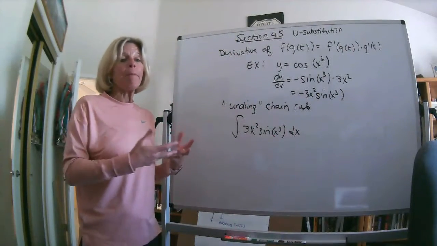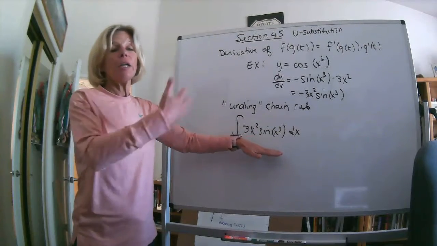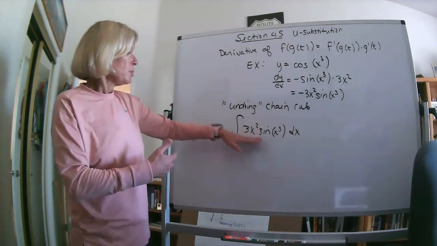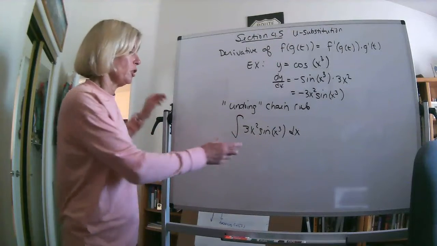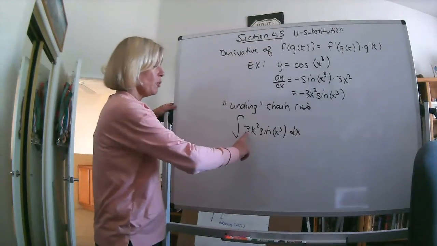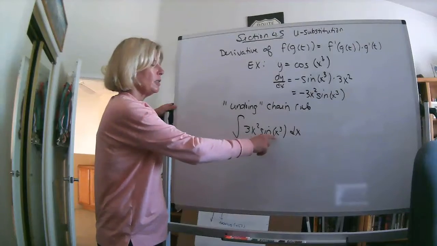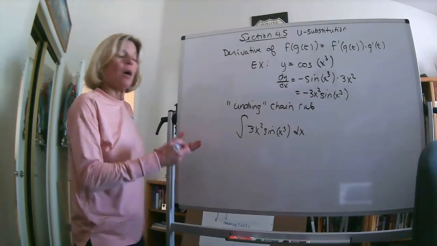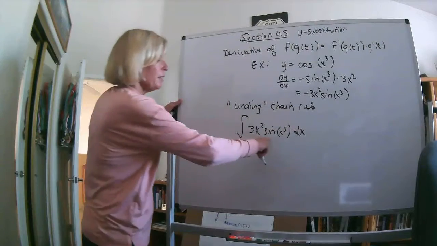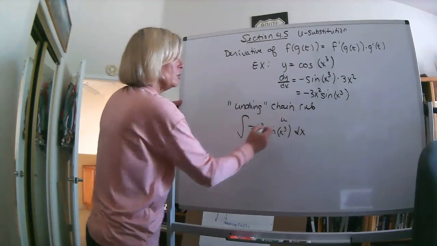So if we want to think about undoing the chain rule, we're not going to undo a product rule, but we're going to look at the du part of the function. So if this was my problem, the integral of 3x squared times the sine of x cubed, you kind of know what the answer is. But how I'm going to think about that, this is my big function, sine, this is my u.